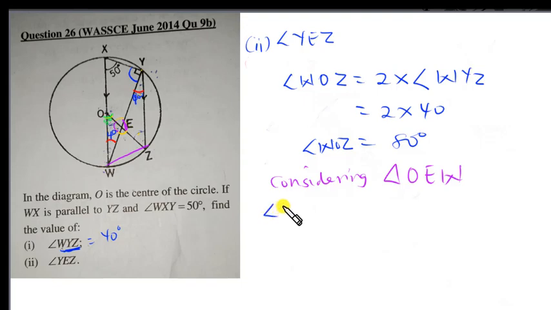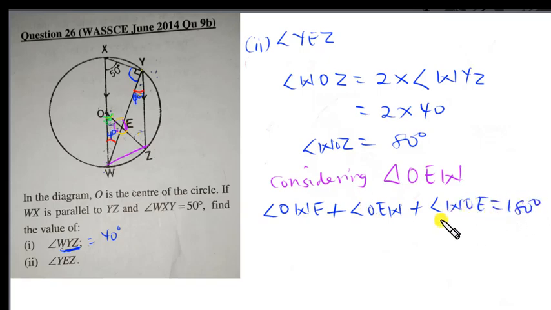So the angle OWE plus the angle OEW, which is the angle we want to find, plus the angle WOE is equal to 180 degrees, because the sum of the interior angles of a triangle is 180 degrees.